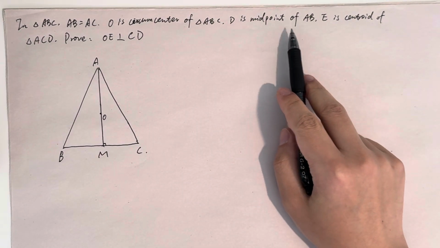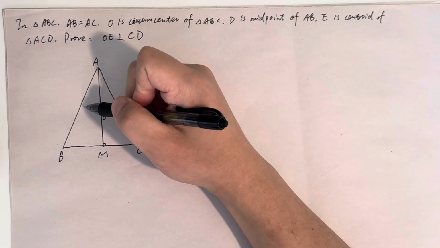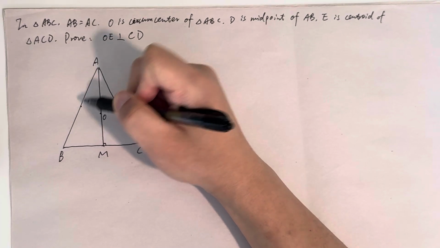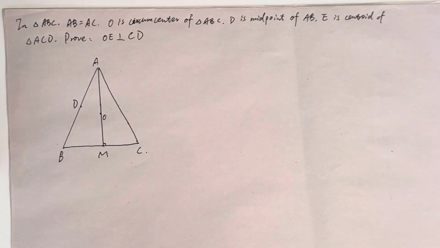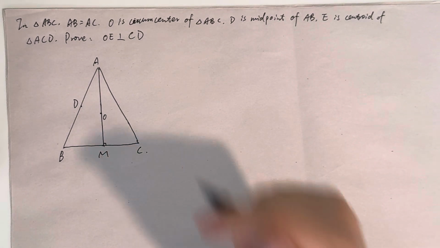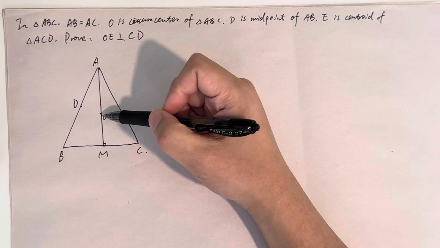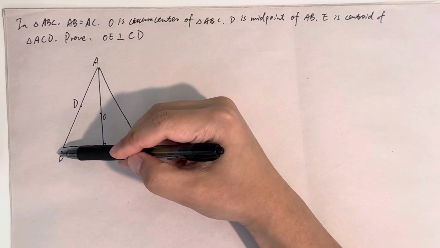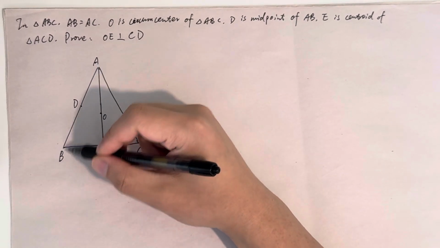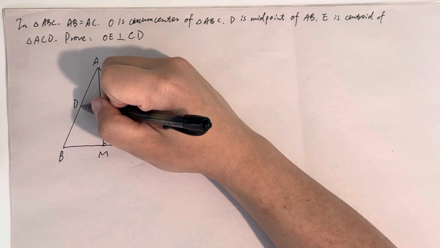D is the midpoint of AB. Now let's think about what we can get from the problem we've read so far. O is the circumcenter, D is the midpoint of AB, so OD is perpendicular to AB.